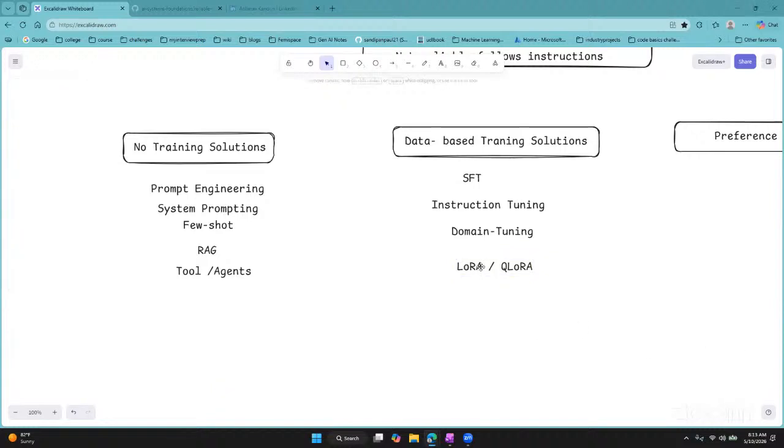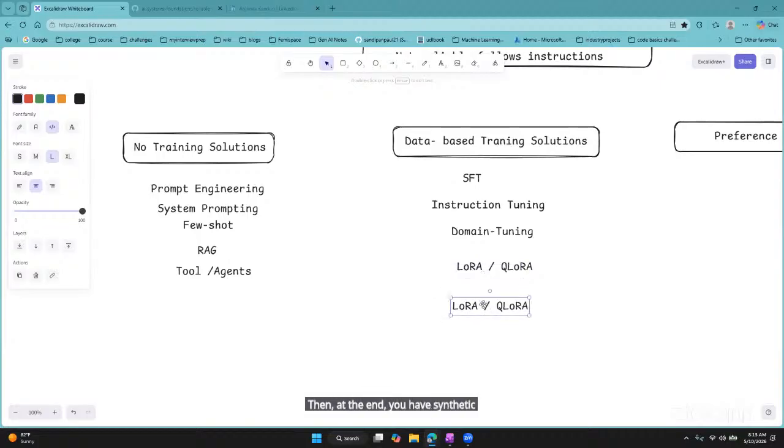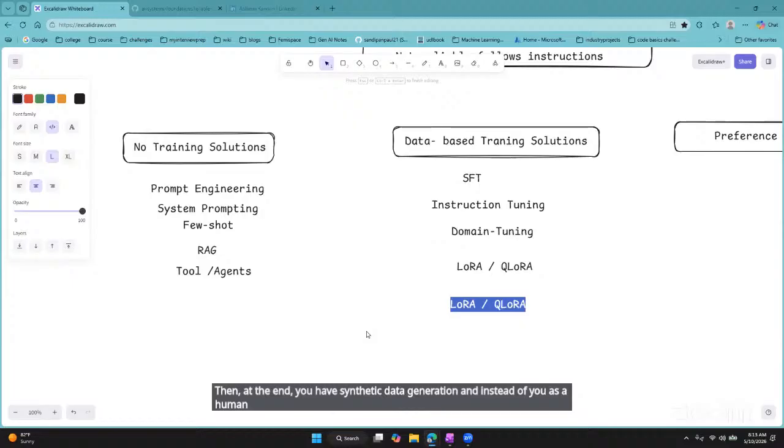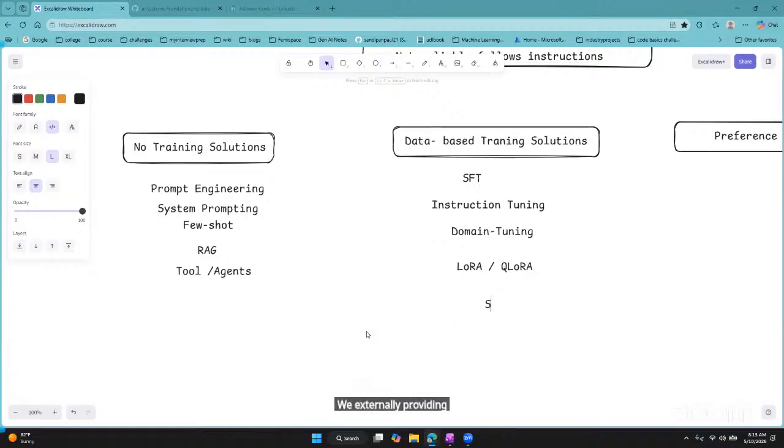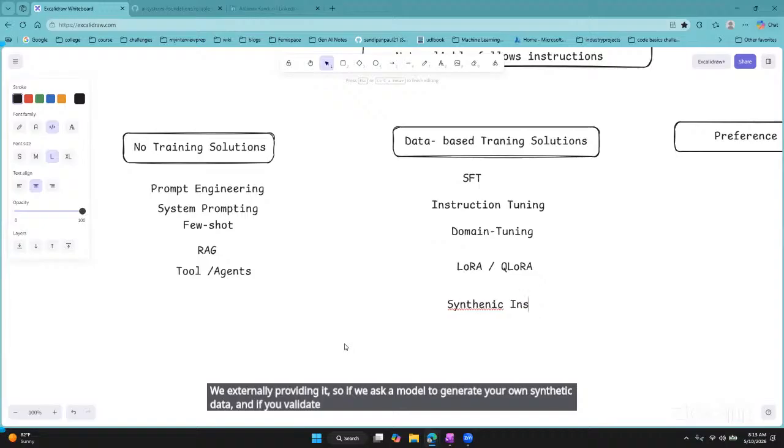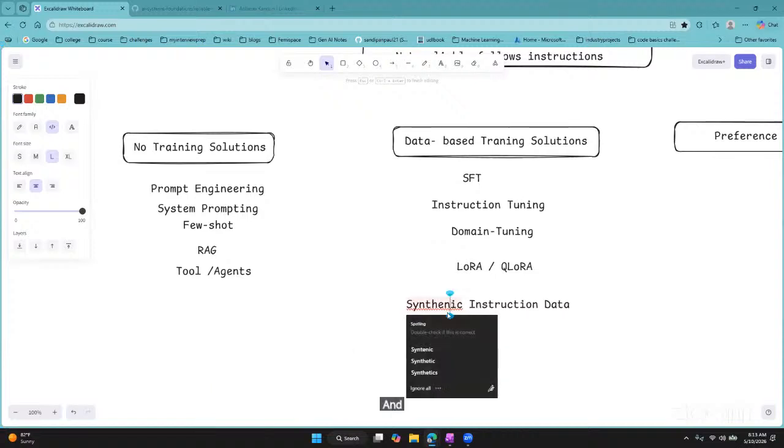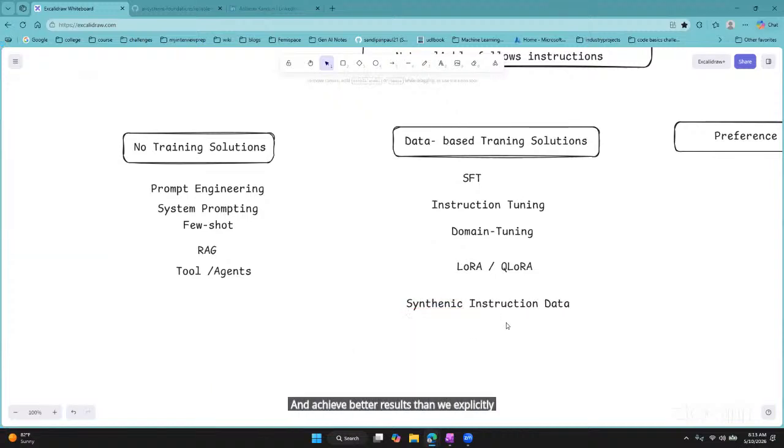Then at the end, you have synthetic data generation. Instead of a human, a user, or a developer developing the application providing the data externally, we ask the model to generate its own synthetic data, and if you validate the synthetic data based on the instructions, that would be more helpful and achieve better results than us explicitly telling and confusing the model.